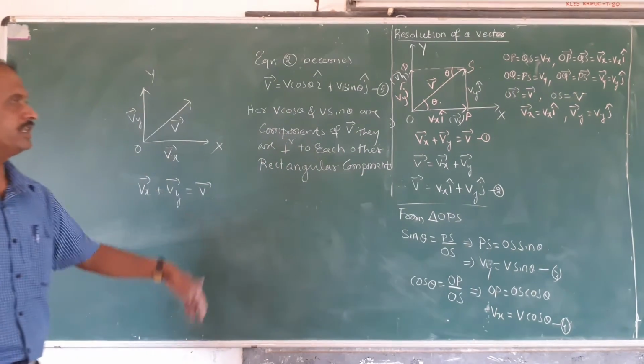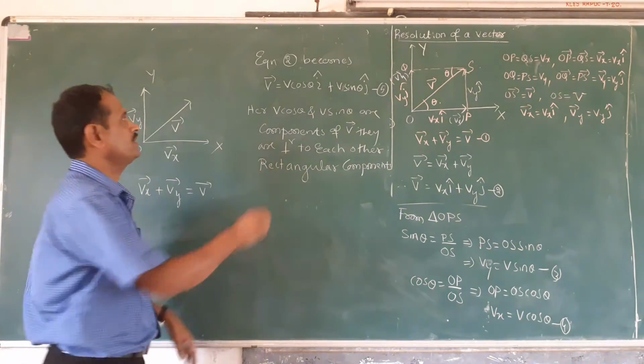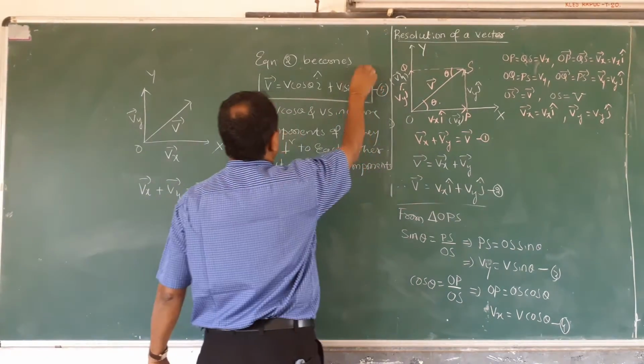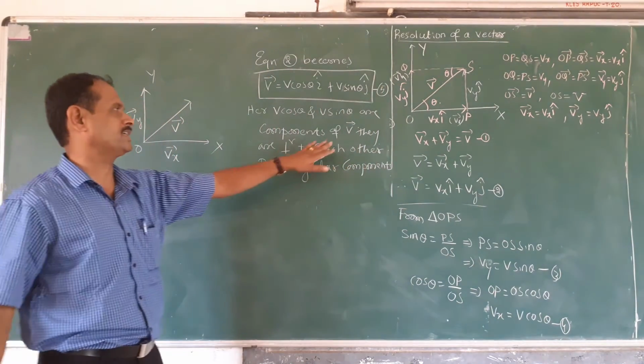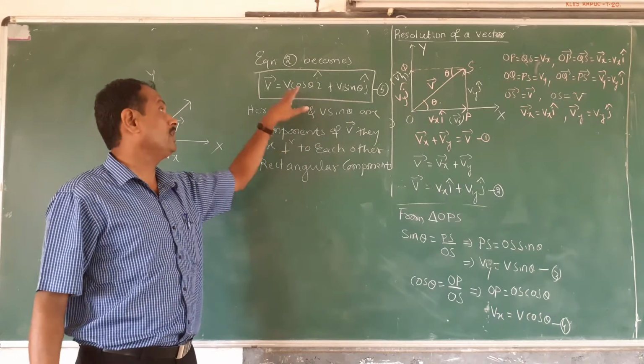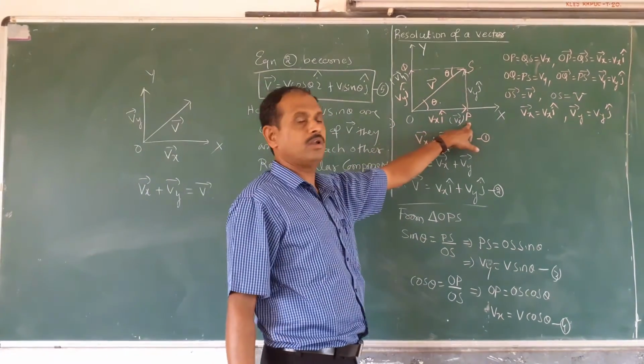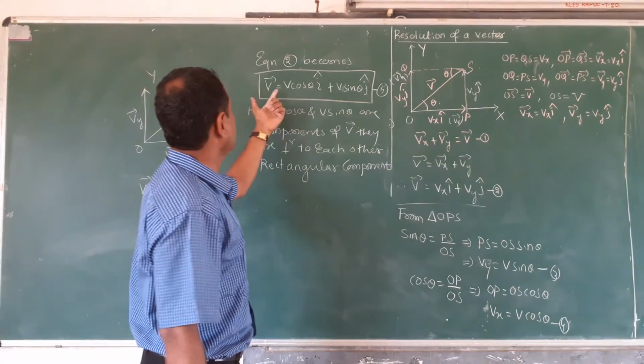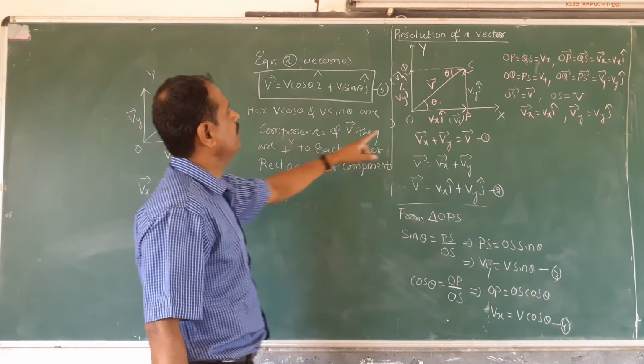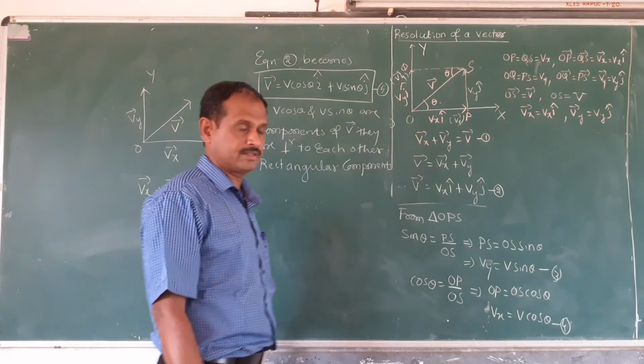Why? Because they are perpendicular to each other. These are the components of the vector V. V cos theta is the component of the vector V along OX. V sin theta is the component of the vector V along OY.